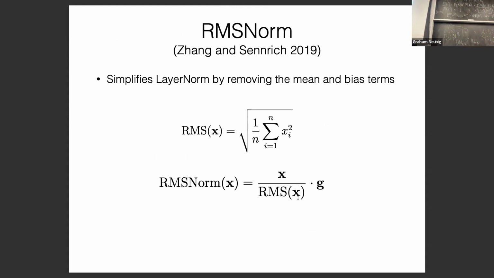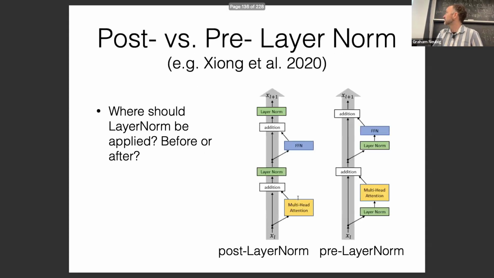But what happens if your vector is 0? You suddenly get something very large. Or if your vector is very close to 0, you get something very large. So this happens almost never, because when is your input vector 0? When are all of the elements in your input vector 0? Almost never, right? It's not going to happen much.